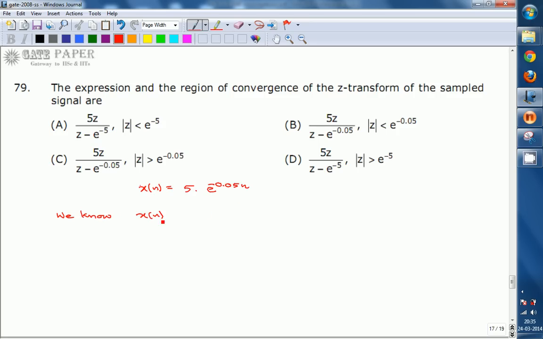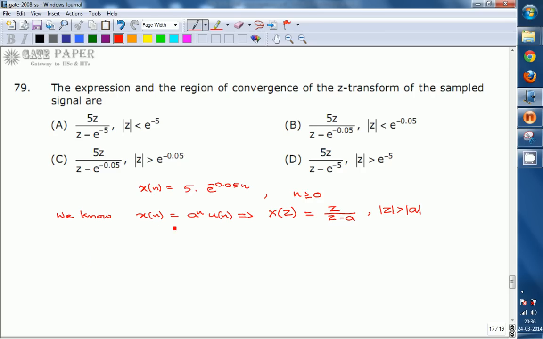We know that for x of n equals a power n u of n, the Z transform is X of z equals z by z minus a for mod z greater than mod a. Here x of n equals 5 into e power minus 0.05 n, considered as a right-hand sequence, that is for n greater than or equal to 0.